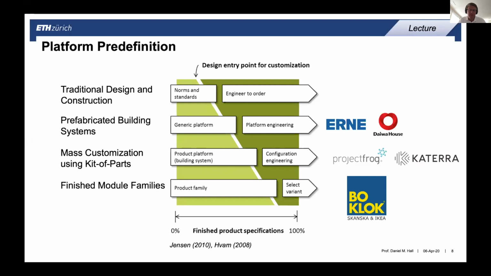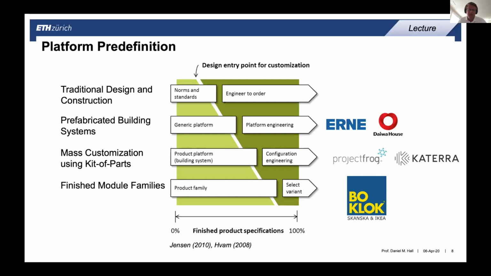So that's why it's called select variant, which basically means you can pick the final product, and there might be some variation in the different products you can pick, but the product is not going to be customized and tailored to your individual solution. And the example we'll see in a couple of weeks also with a guest lecture will be from Bokluk, which is the joint venture of Skanska and IKEA, who have been very successful with the select variant approach.